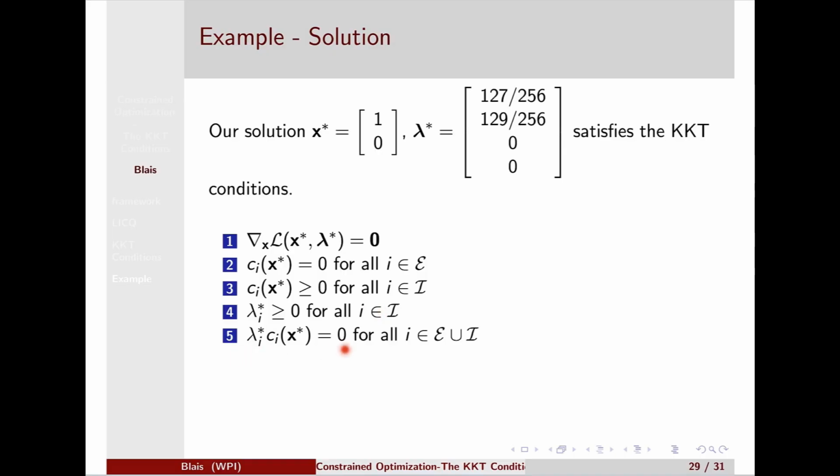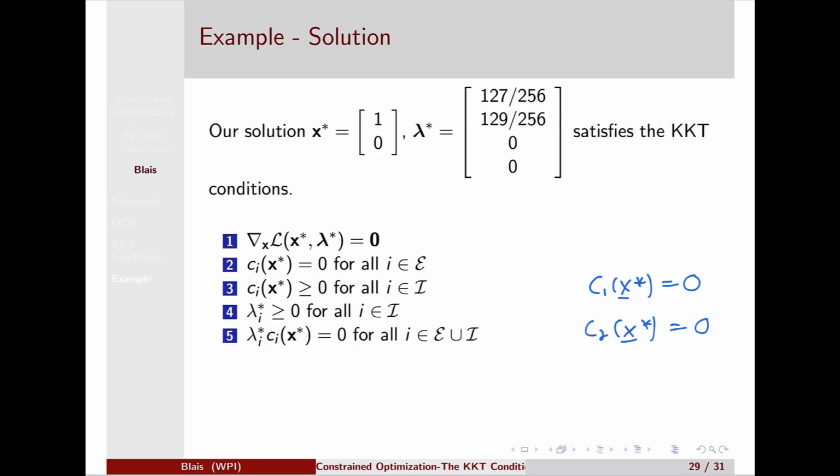And we also have complementarity, because c1 of x star was binding and c2 of x star was binding. When we multiply c1 of x star times lambda 1, we get 0. When we multiply c2 of x star times lambda 2, we get 0.